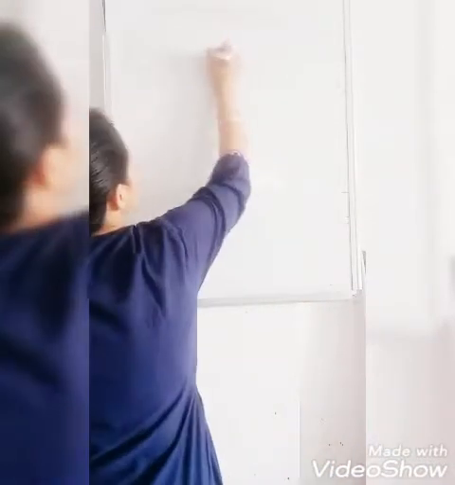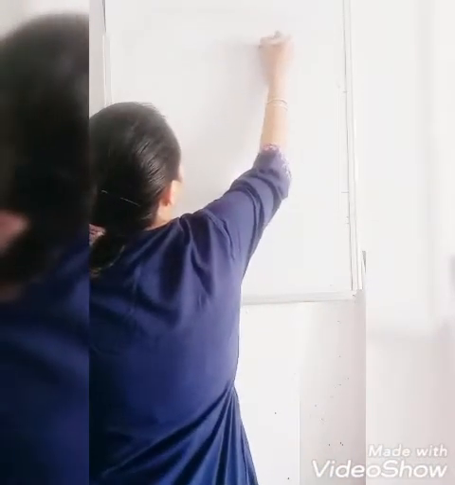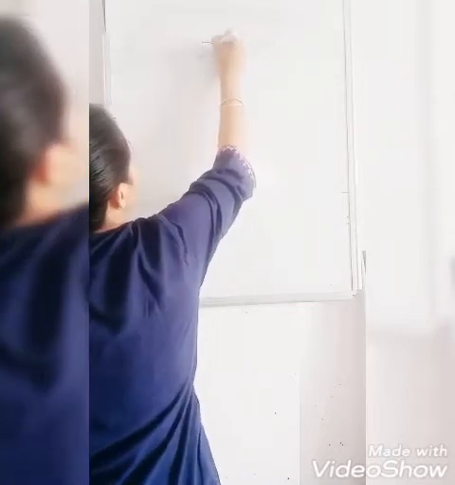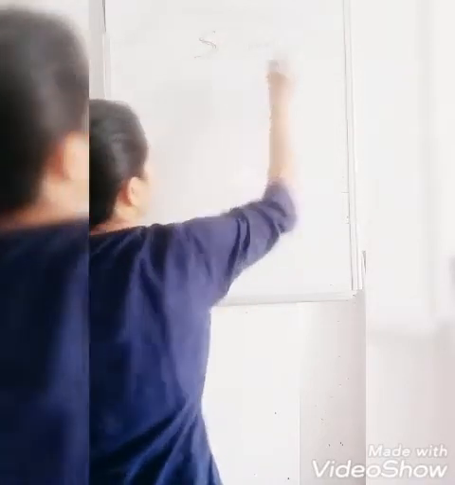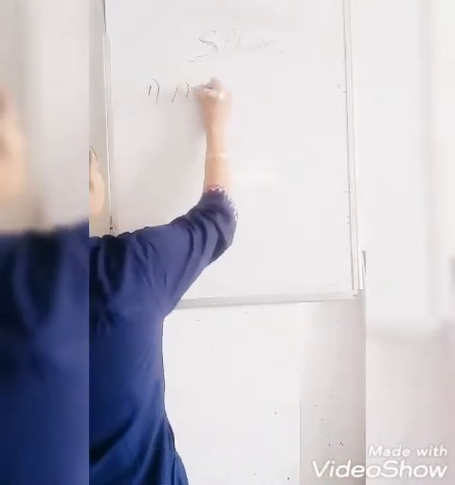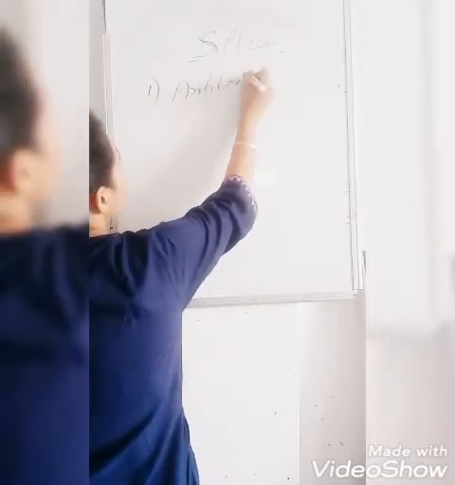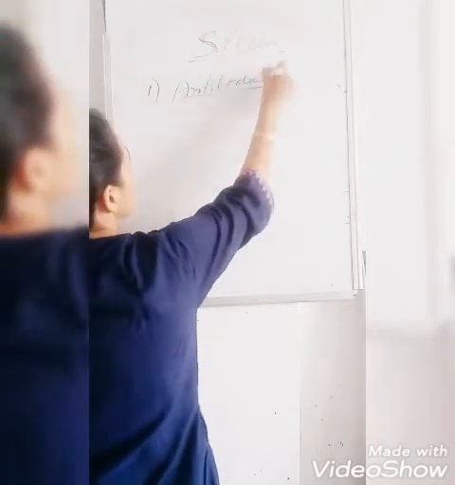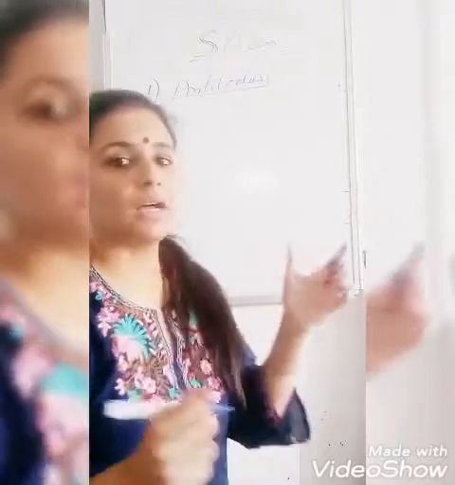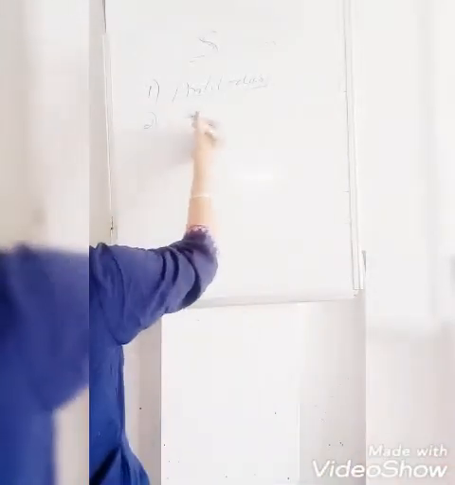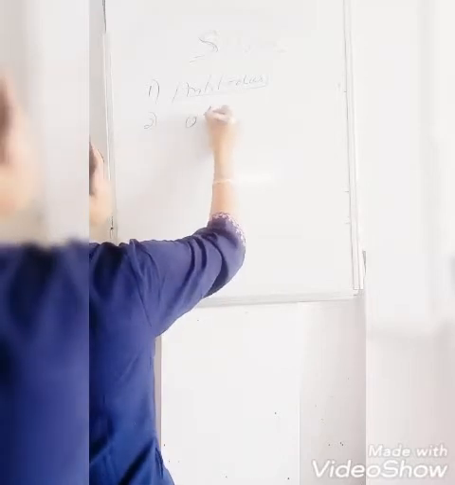Then what are the functions of the spleen? It produces antibodies against bacteria and viruses, and especially it produces the antibodies called opsonins.